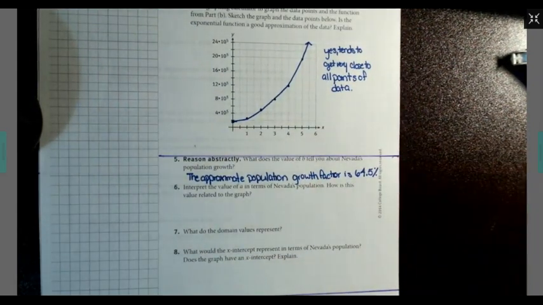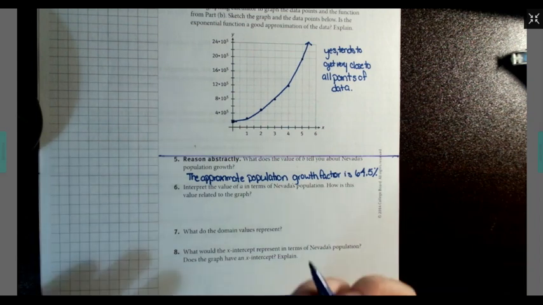Interpret the value of A in terms of Nevada's population. How is this value related to your graph?